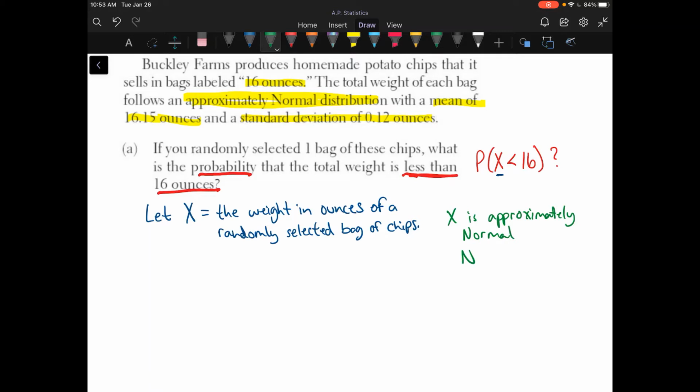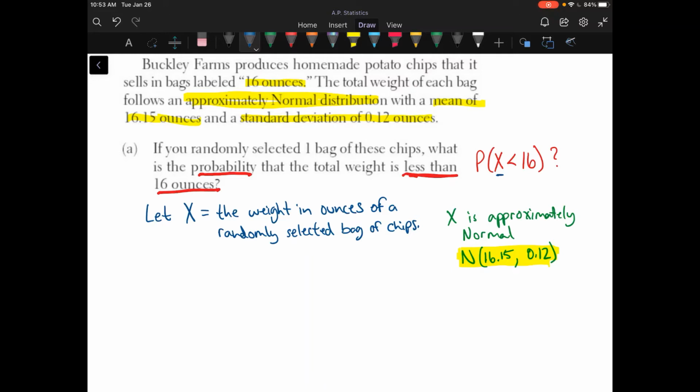We can say that it is normal with a mean of 16.15 and a standard deviation of 0.12. Remember, this is our notation to show that something is normally distributed and how we can describe it with mean and standard deviation.